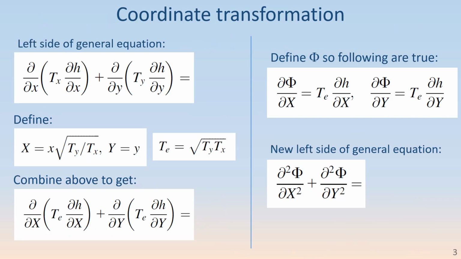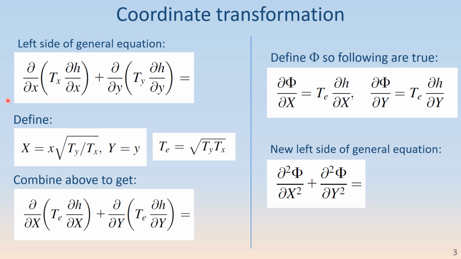This slide explains how that coordinate transformation works. The first equation here is the left side of our general equation in the case where we've got anisotropy. And just for simplicity, we've lined up the principal directions of conductivity or transmissivity parallel to the x and y directions. So we have transmissivity in the x direction, which is different than in the y direction here.